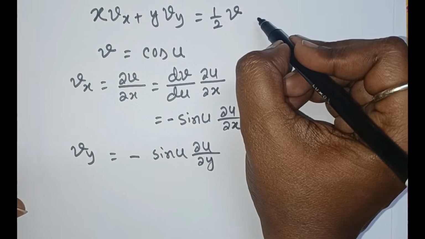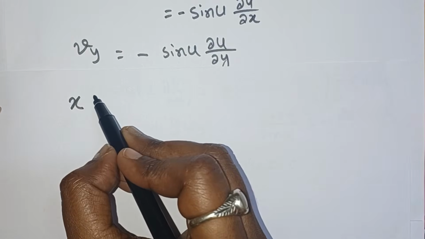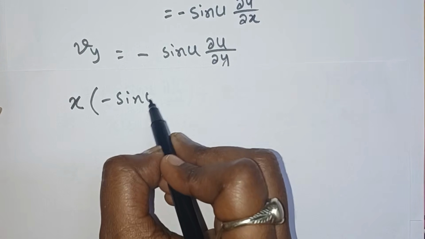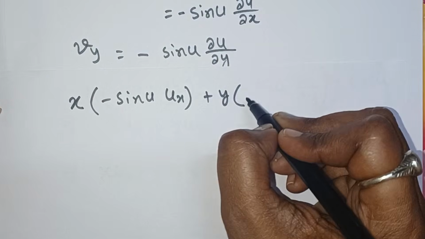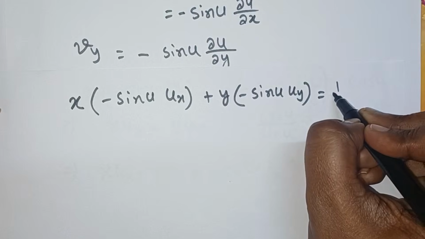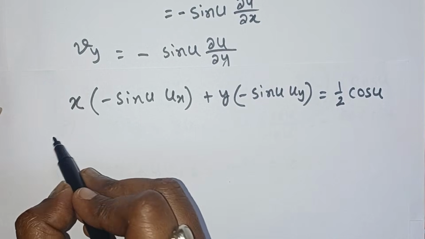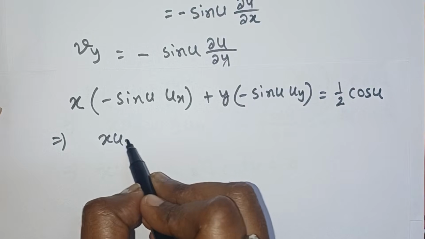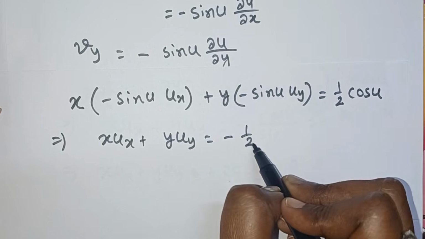Hence applying all these values in the equation 1, we can write x into minus sin u ux plus y into minus sin u uy equal to half v and v equal to cos u. So x ux plus y uy equal to minus 1 by 2.